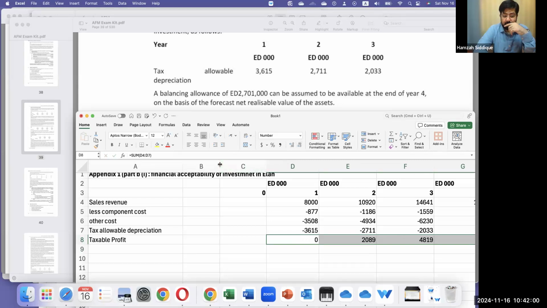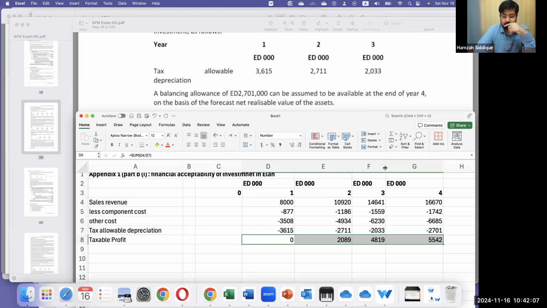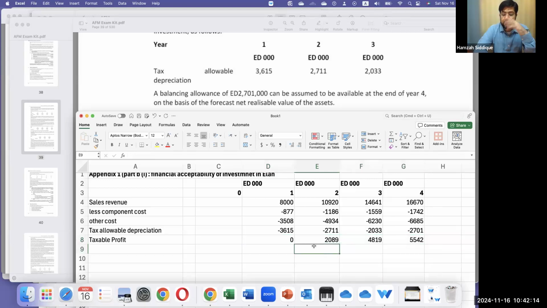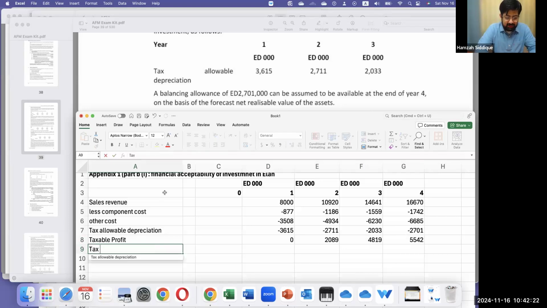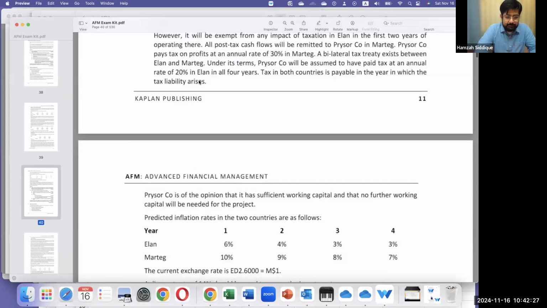So taxable profit is here in front of you. Zero in the first year. Okay, but there is another problem. The tax has to be paid in Elan at the rate of 20%.